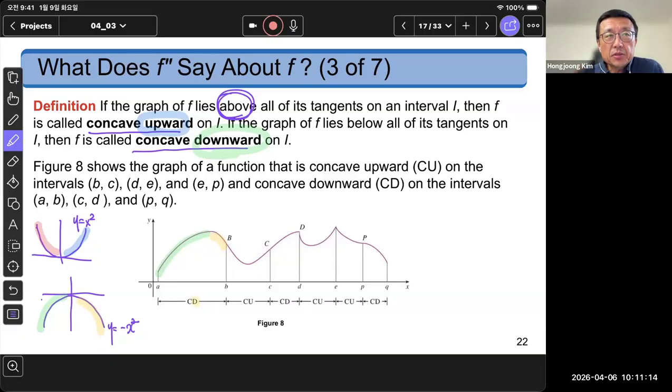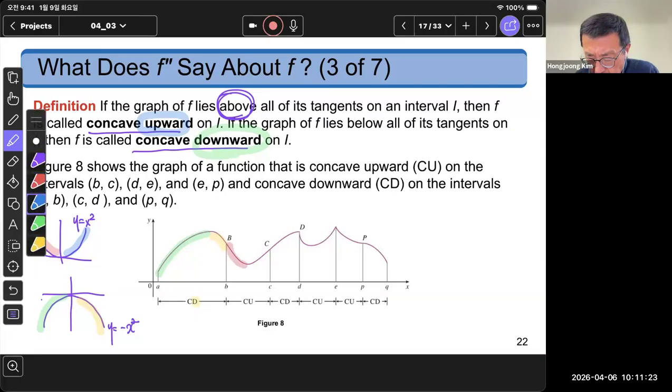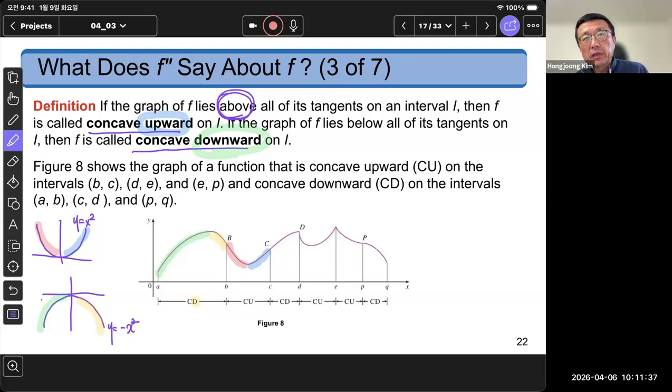And then between B and C, the graph first decreases and then increases. So between B and C, the graph looks like that of y equals x squared. So your function is concave upward. Now between C and D, your function is increasing, but the increasing pattern looks similar to the increasing of the negative x squared function. So your function is concave downward there.